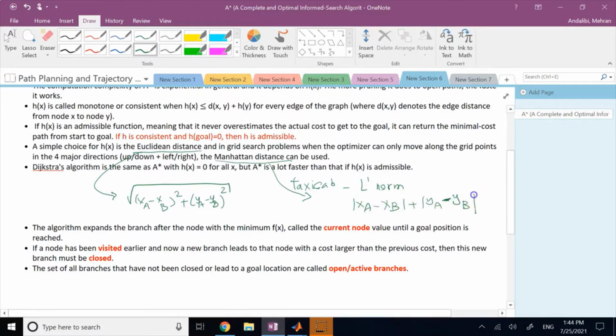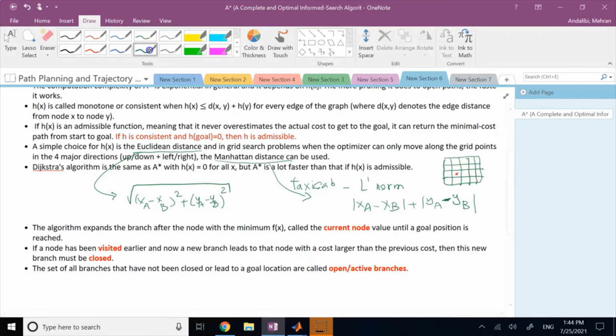Basically, this method, since it's a grid search, if you have a grid, all you can do at each point is go one cell to the left, right, up, or down. So when you are here, you cannot move diagonally. This motion is not allowed.